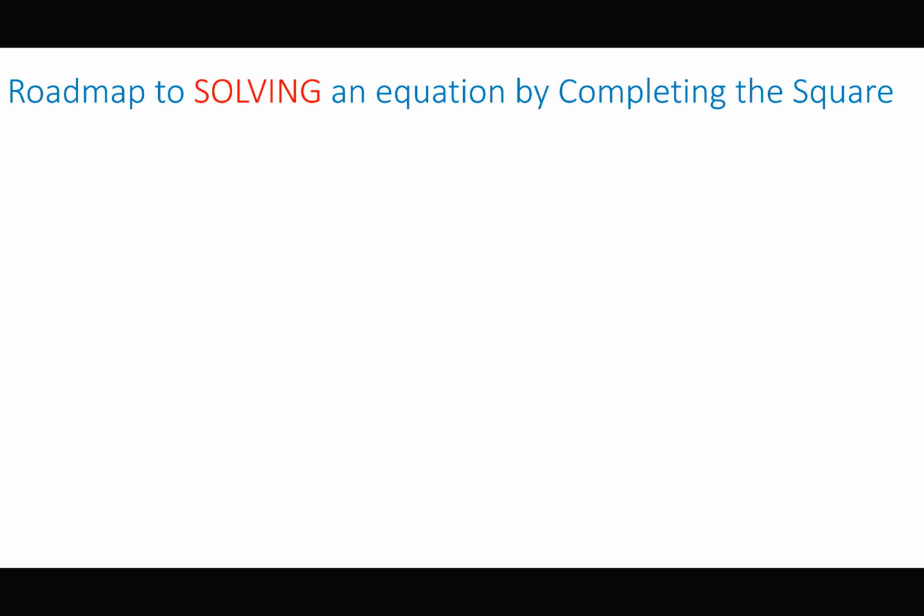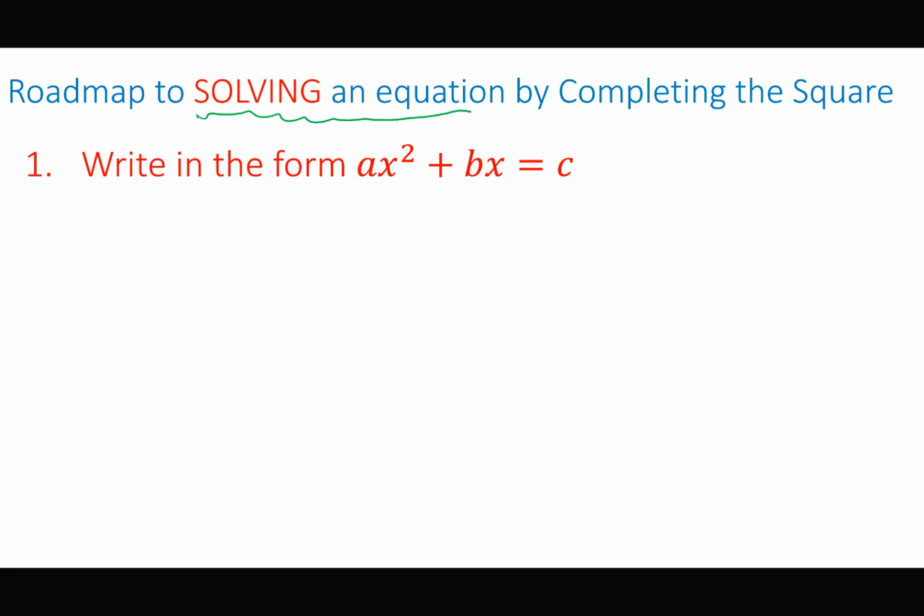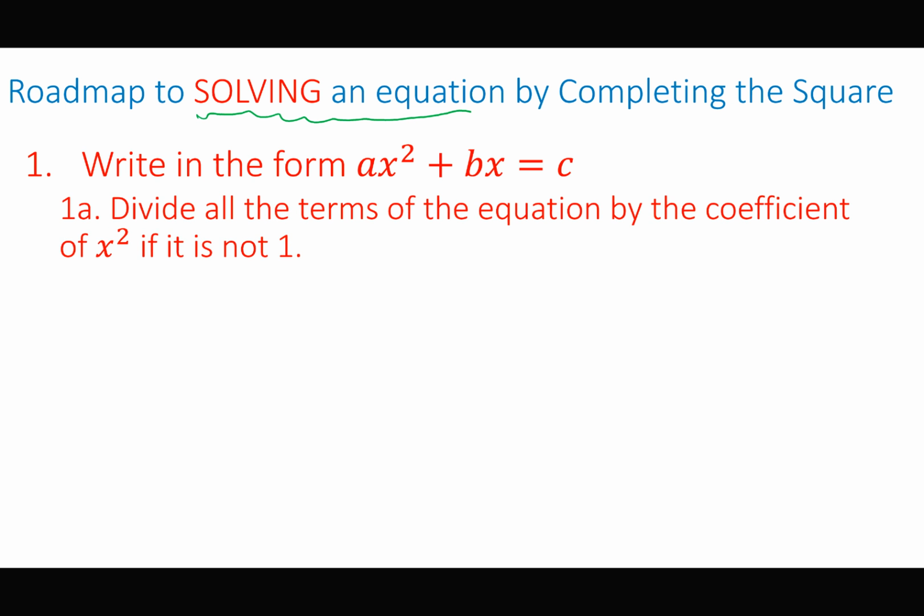Now let's look at solving by completing the square. So here's the roadmap that you want to write down. First off, write it in the form ax squared plus bx equals c. Kind of a little addendum to the first one: divide all terms of the equation by the coefficient of x squared if it is not equal to 1.